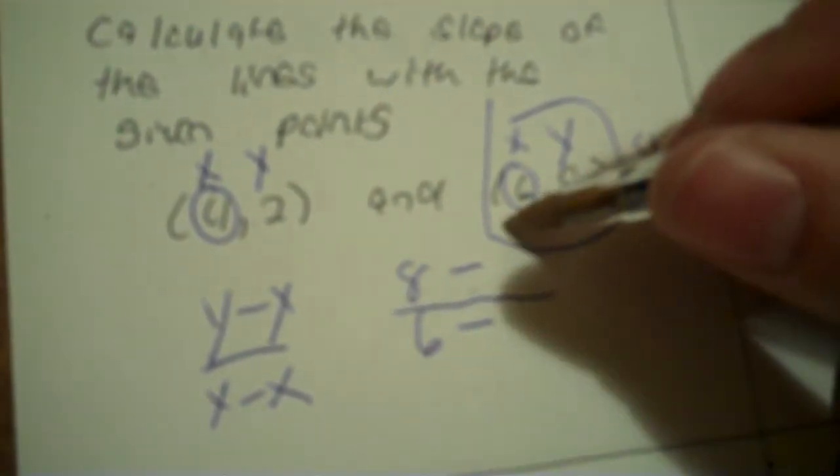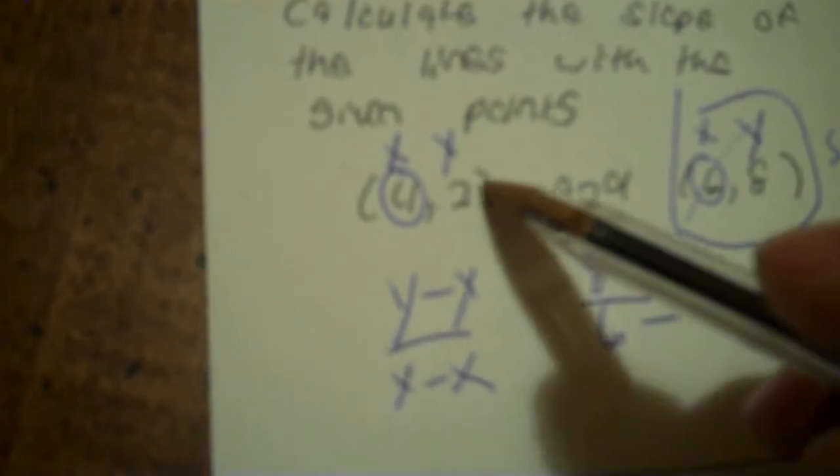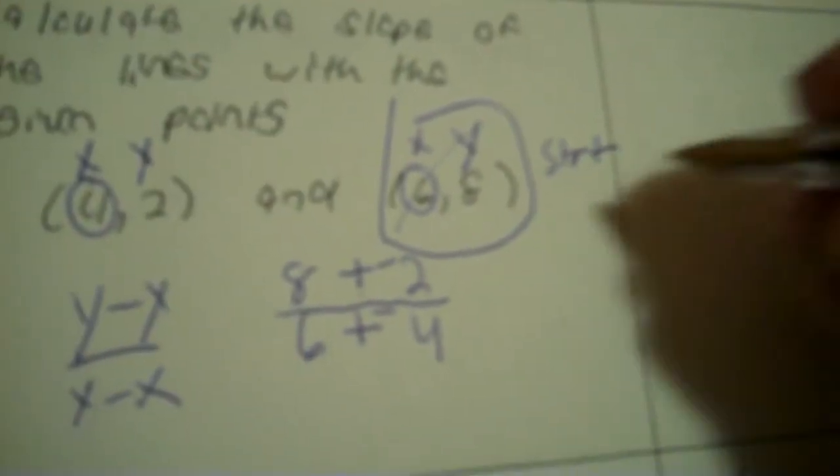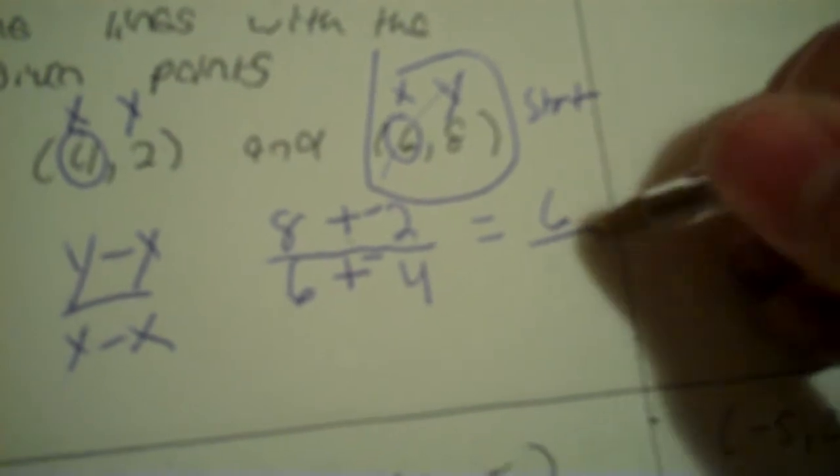So 8 goes on top because y is on top always, and then 6 on bottom. After the minuses, 2 goes on top, 4 goes on bottom. Now you can minus them, or make them plus negative, that's fine. So 8 plus negative 2 is 6. 6 plus negative 4 is 2.